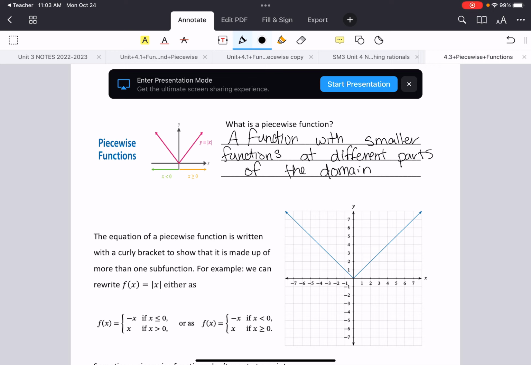What values represent the domain? Do you remember? Yes, the x values.